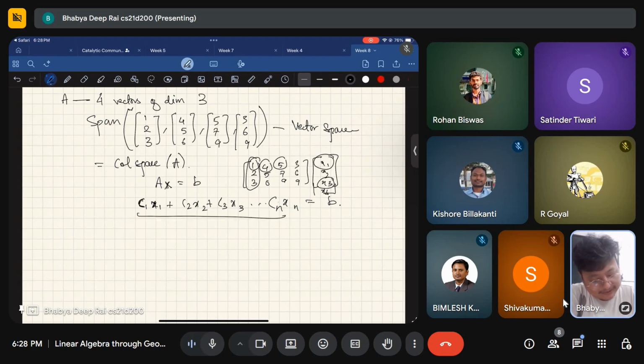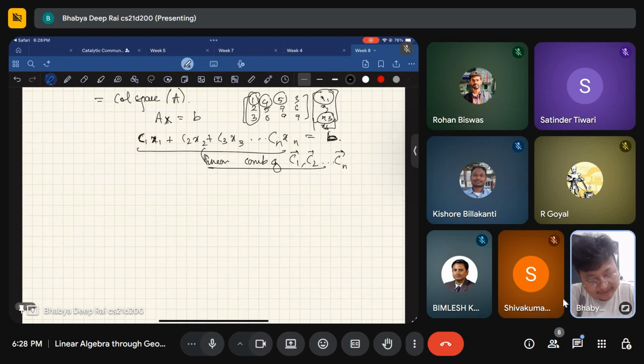But what is this? This is just a linear combination of the vectors c1, c2 and so on. So when you say it is equal to B, I'm asking whether a linear combination of c1, c2 to cn is equal to B. What am I actually checking?